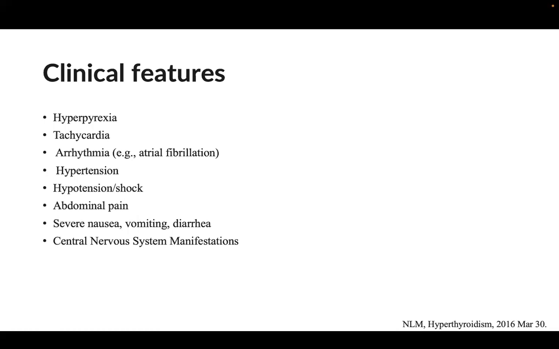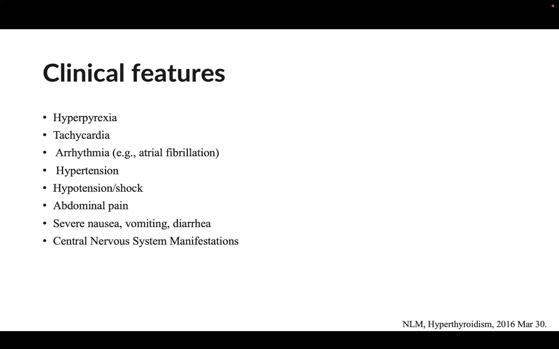Then the clinical features will include hyperpyrexia. There will be profuse sweating. The patients will come with tachycardia, where the heart rate will be more than 140 per minute, and they can also have arrhythmias, atrial fibrillation. Patients will come with hypertension with wide pulse pressure, and they can also land up in congestive cardiac failure.